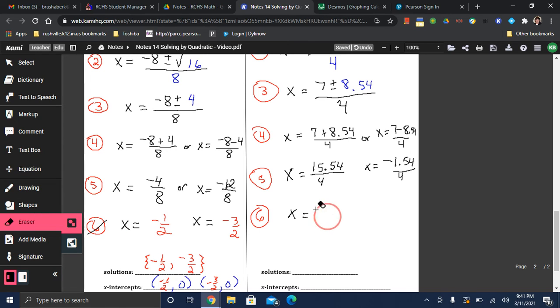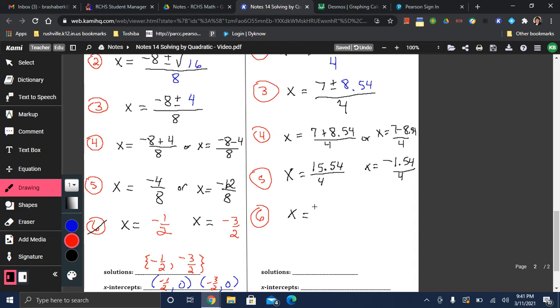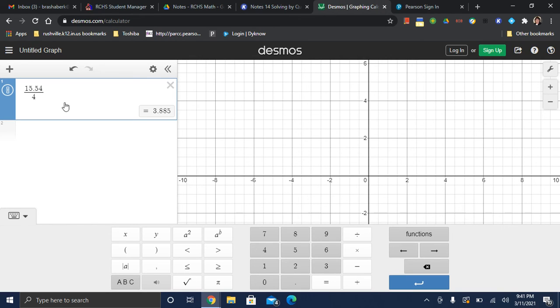Erase that. So 3.89. And then we'll have our other one, x equals. Remember that this is a negative. So I'm going to divide negative. Now see here, you might just want to edit this one. So negative 1.54. And I'm dividing it by 4.